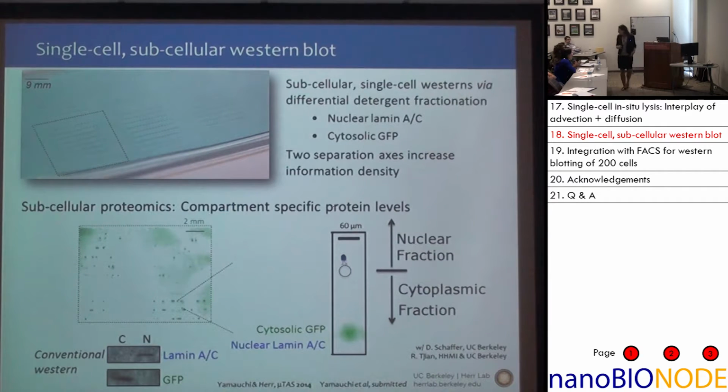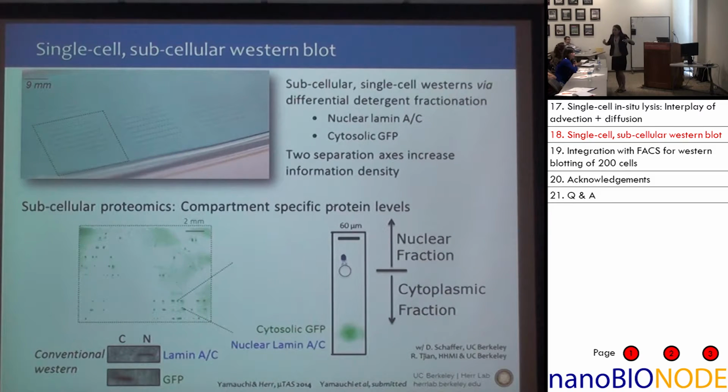And so I have a fantastic, almost 4th year, I guess he'll be starting his 4th year, graduate student who figured out a way to basically seed the cells in the wells, lyse just the membrane, leaving the nucleus intact, so the nucleus just sits in the bottom of that well.